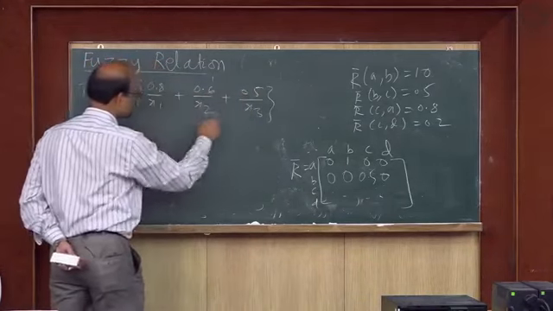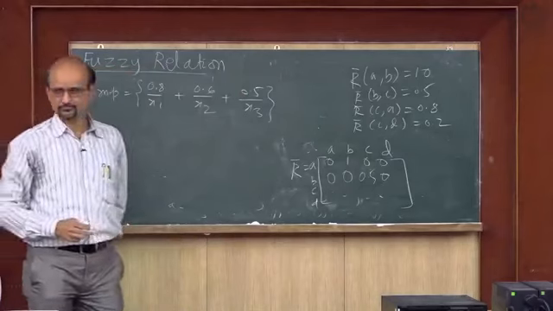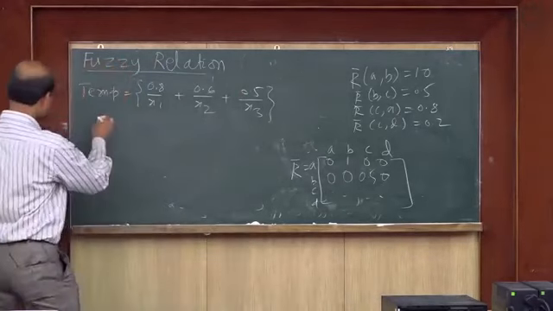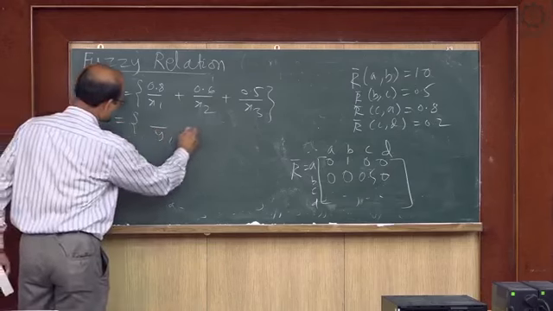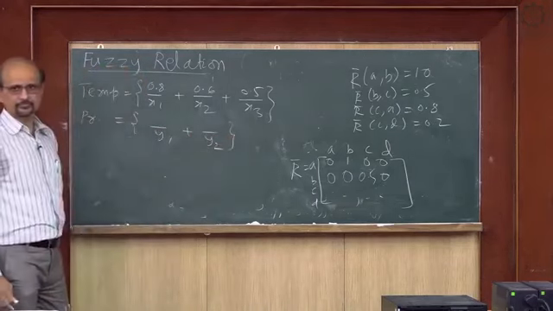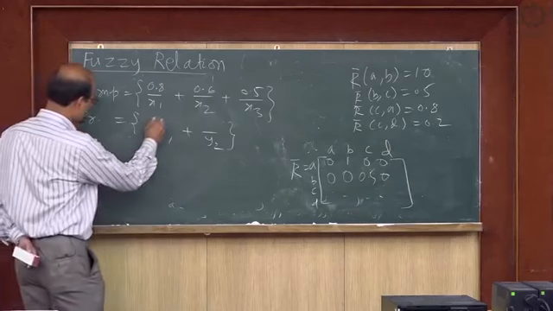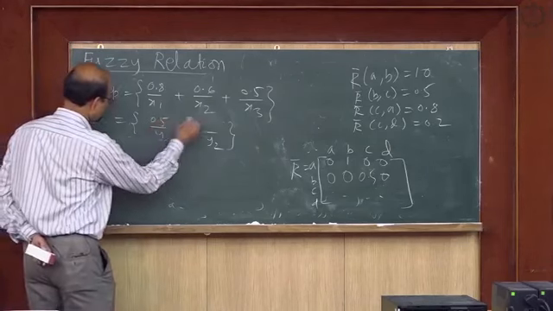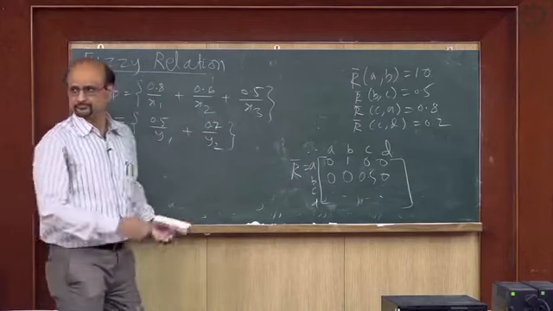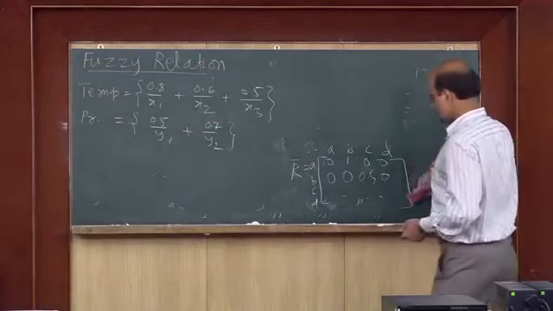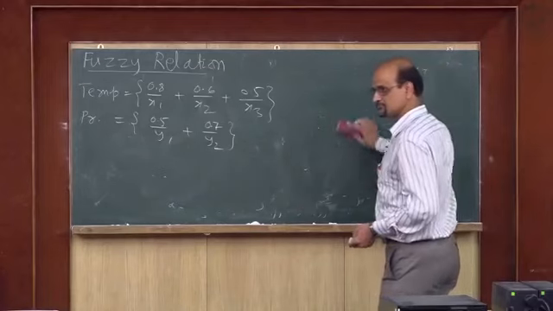Then suppose I have pressure, maybe with two values, 0.5 and 0.7 maybe. I want the temperature pressure relation.